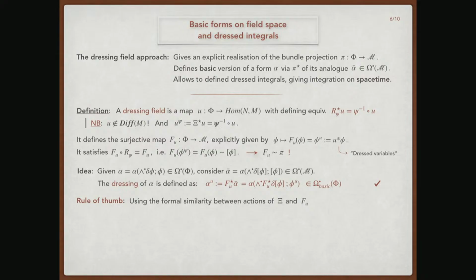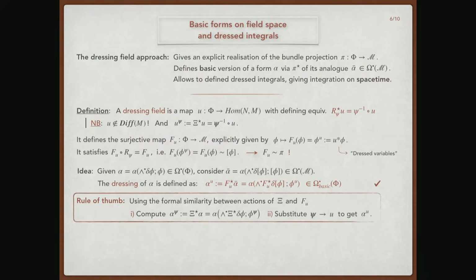It's again a kind of pullback. So what you do is simply compute the gauge transformation of your object, and you get something that depends on your object and the gauge parameter. And then you just substitute your gauge parameter by the dressing field. And that will give you the functional expression of the dressed object.